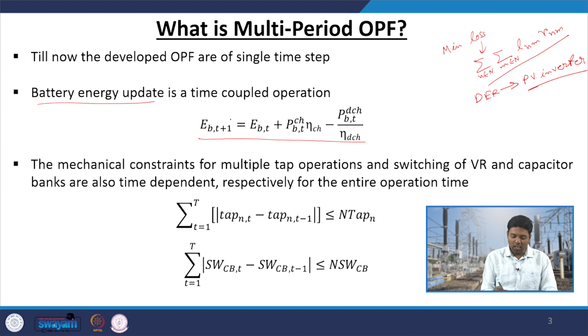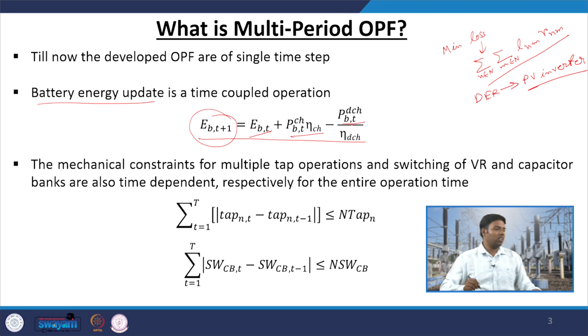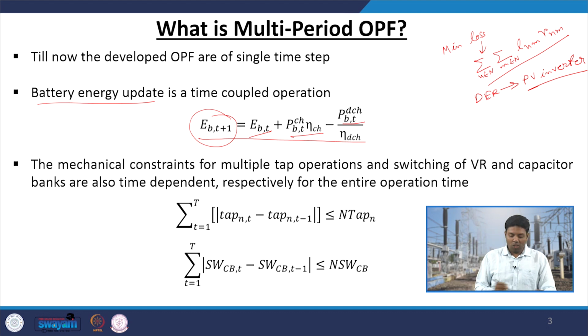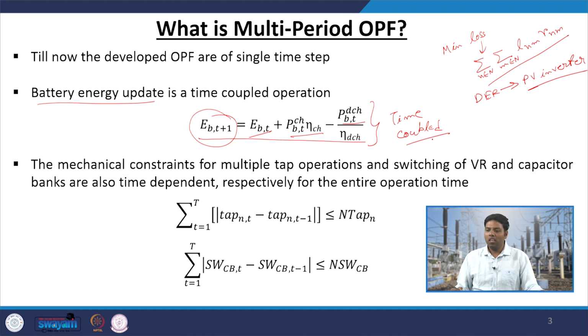That means the energy level for the next time step depends upon the energy level of the current time step and also how much charging or discharging is happening in the current time step. So, it is a time coupled constraint, where the future time decision is coupled with the decision of the present time step.